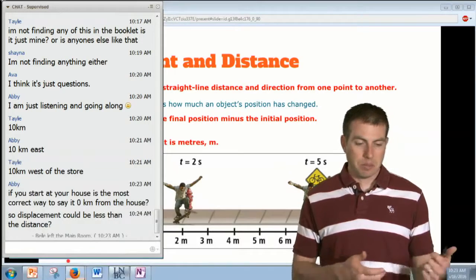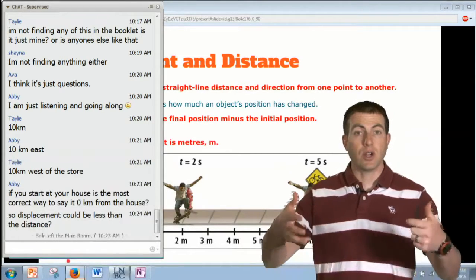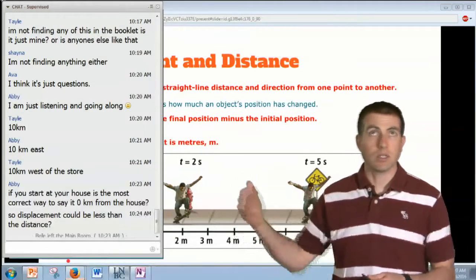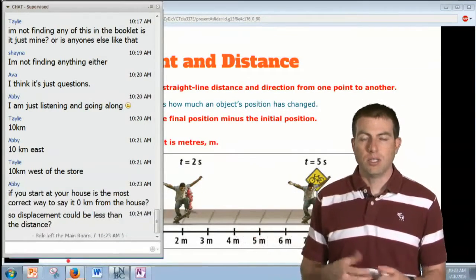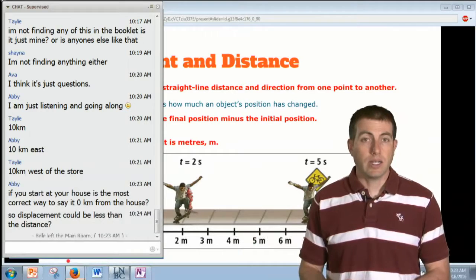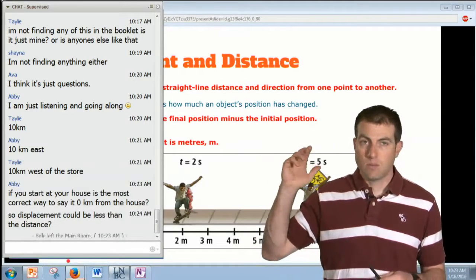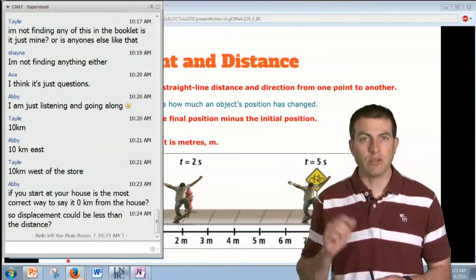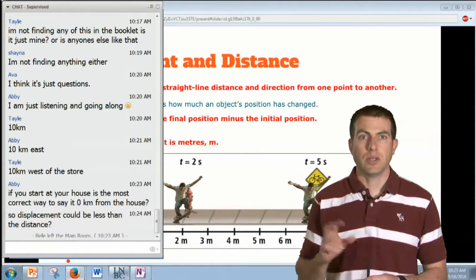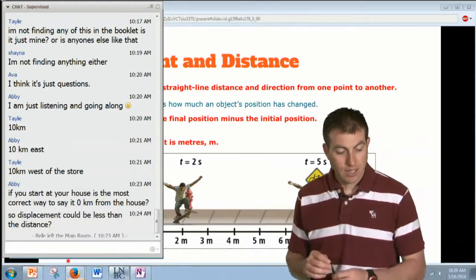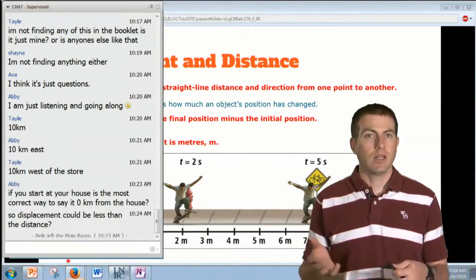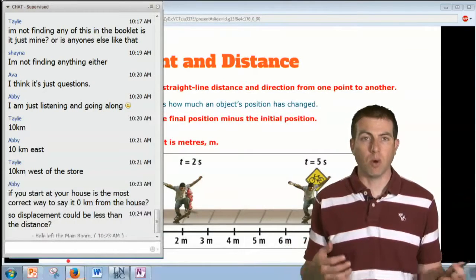If I was trying to describe where I am, I could say I'm 5 kilometers south of the mall, and you'd know where I was. I could say I'm 300 kilometers northeast of Vancouver. They're both describing my position with respect to something. They're both correct, not one is more correct than the other.